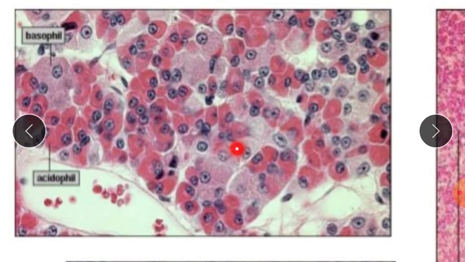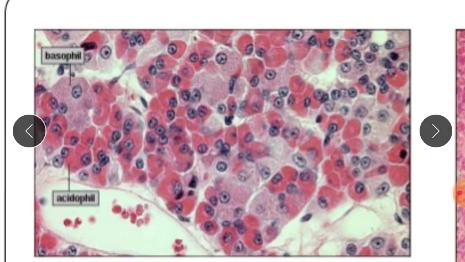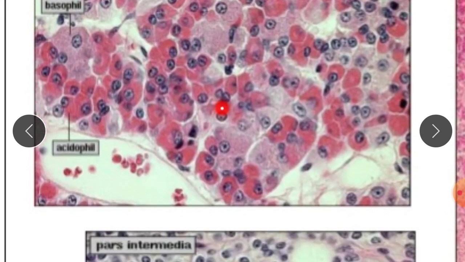Here you can see, these are basophils. They take basic stain. Acidophils are dark red in color. Basophils and acidophils are chromophils.